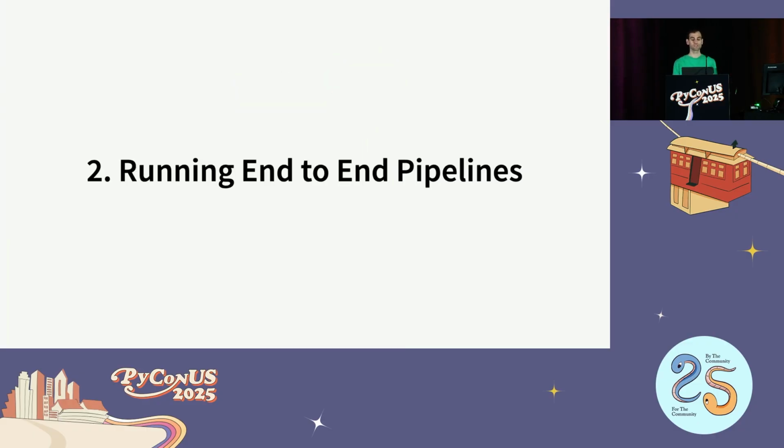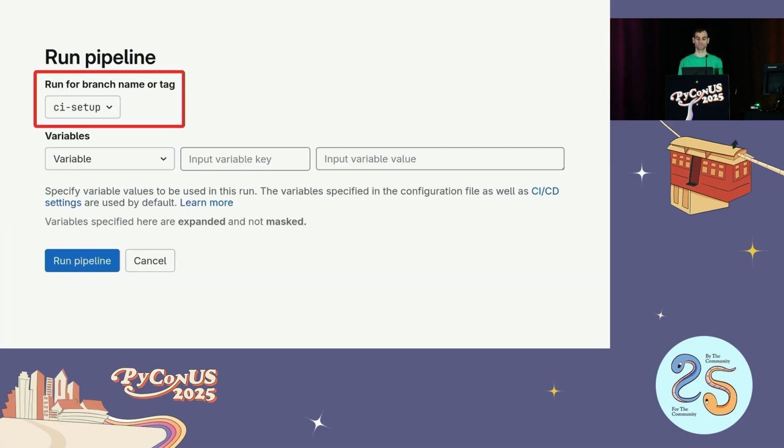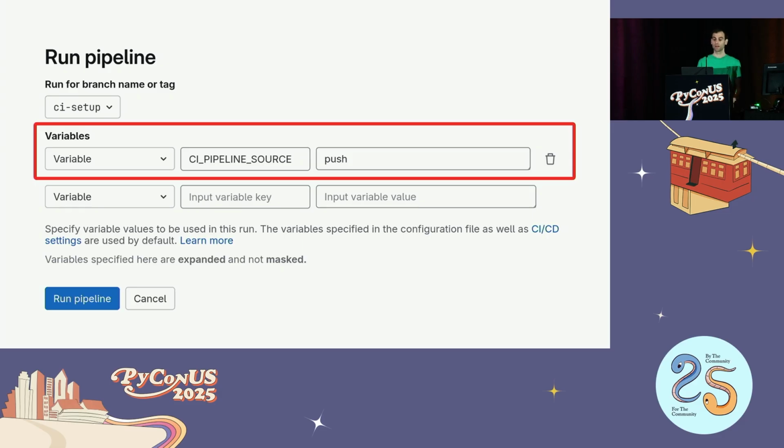So if linters are lacking due to not testing end-to-end, why don't we instead try running an end-to-end pipeline before merging changes? Well, the good news is that GitLab lets us run a pipeline from a particular branch, such as the one that is introducing the CI config file changes. And it also lets us specify variables, for example, overriding those that would be predefined by GitLab.